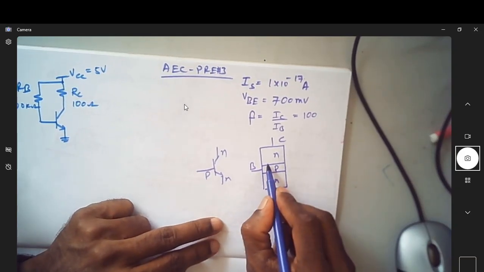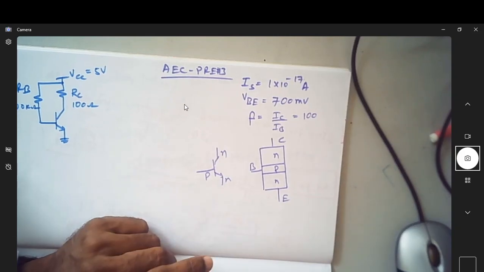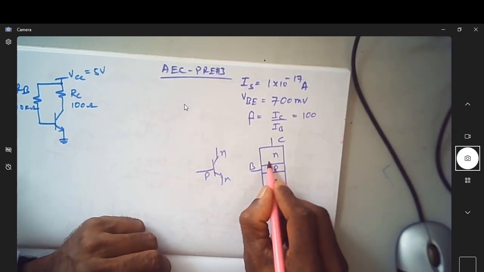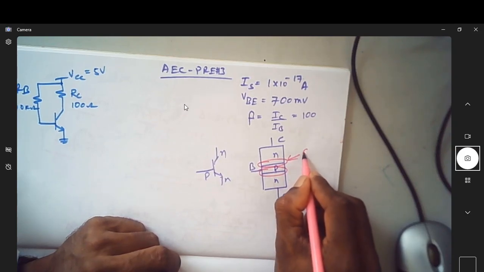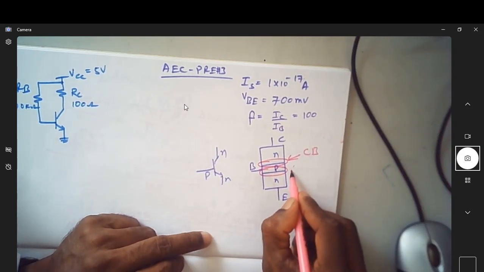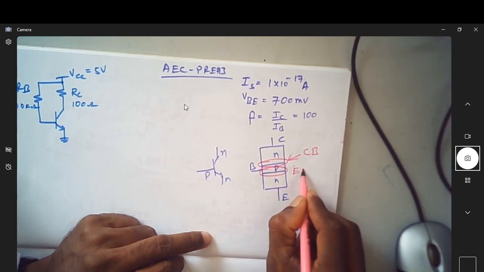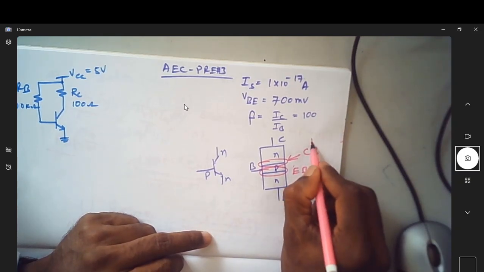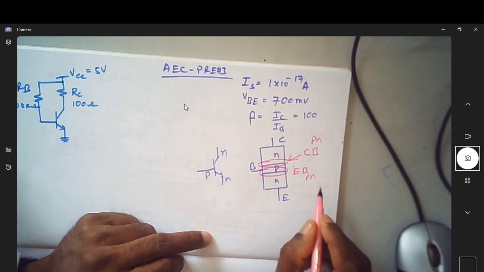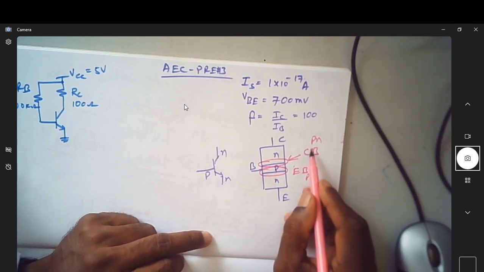There are 2 PN junctions. This is called the collector base PN junction, and this is called the emitter base PN junction. One is emitter base, the other is collector base.